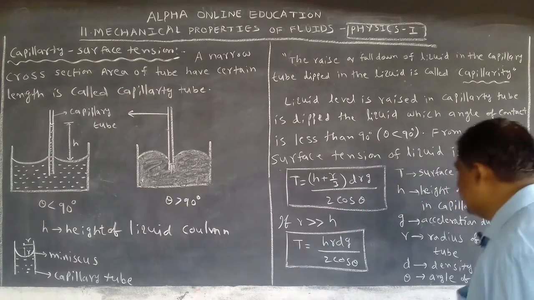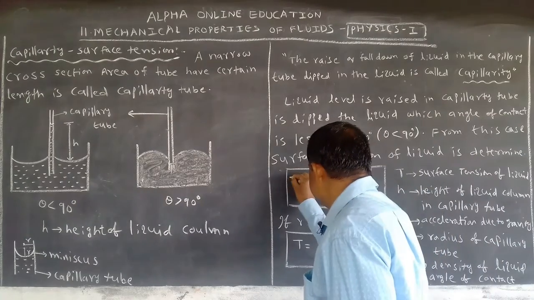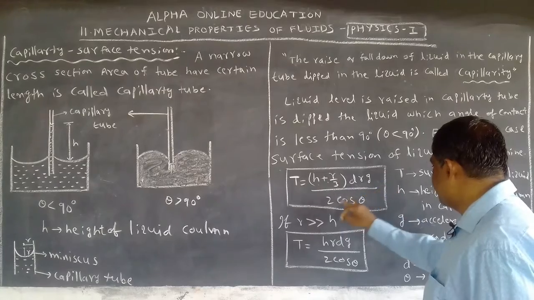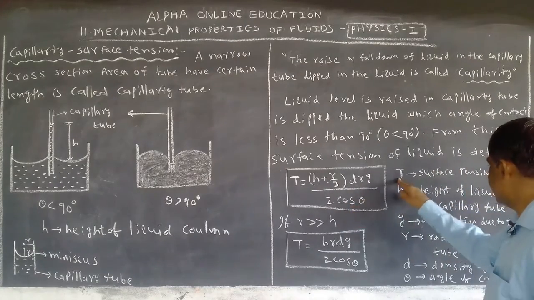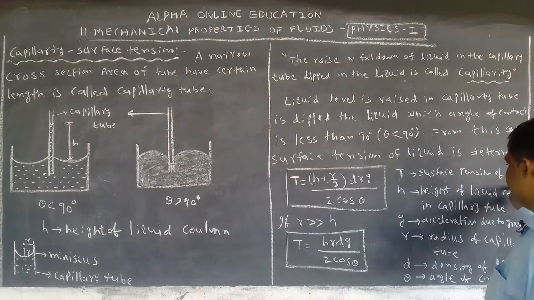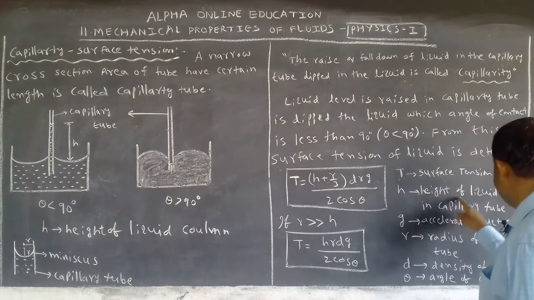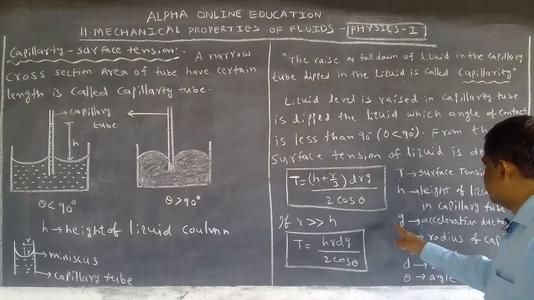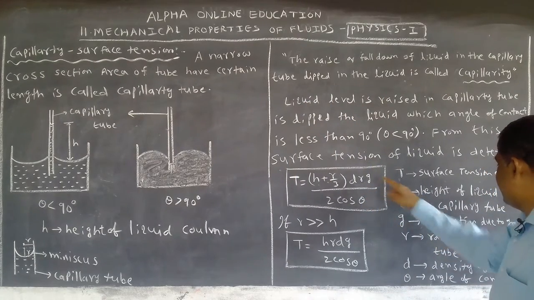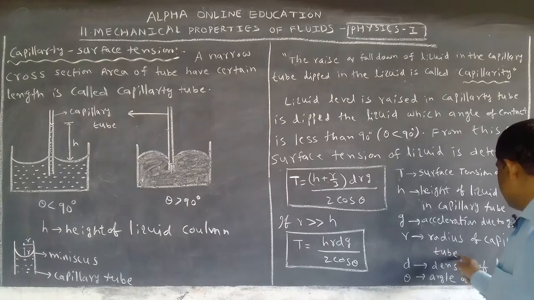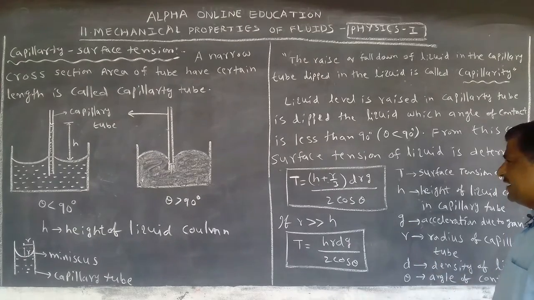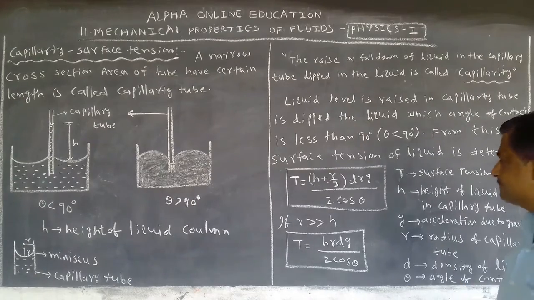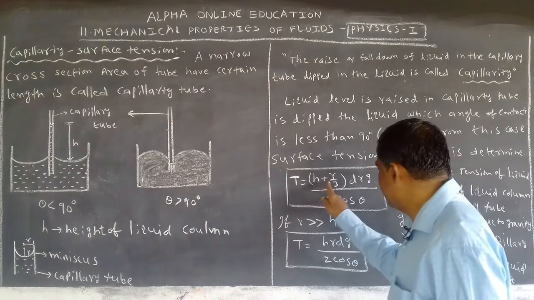Here T is the surface tension of the liquid, h is the height of the liquid column in the capillary tube, g is the acceleration due to gravity, r is the radius of the capillary tube, d is the density of the liquid, and theta is the angle of contact.